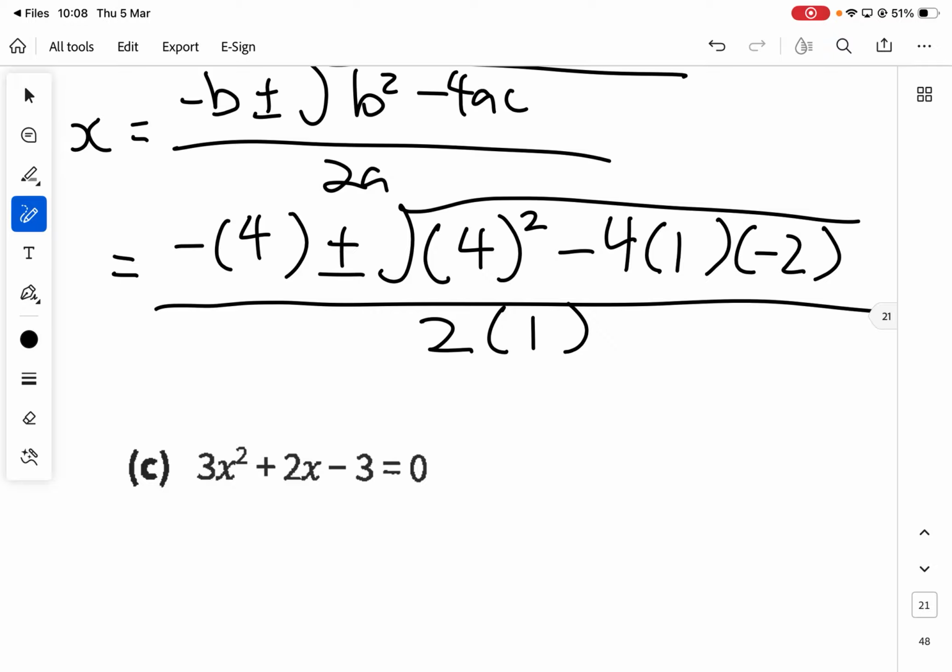Then this one is minus, I press minus. 4, I press 4. Bracket, I press bracket. Then bracket, I press bracket. Then -2. Then I go to the denominator, I put 2, bracket 1. Okay? So I show you my calculator. It will look like this.